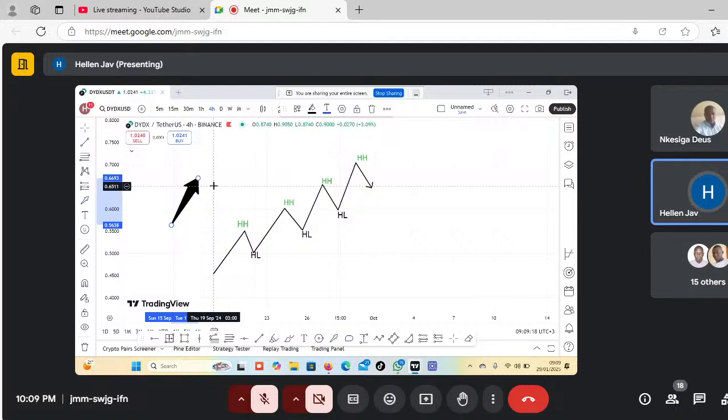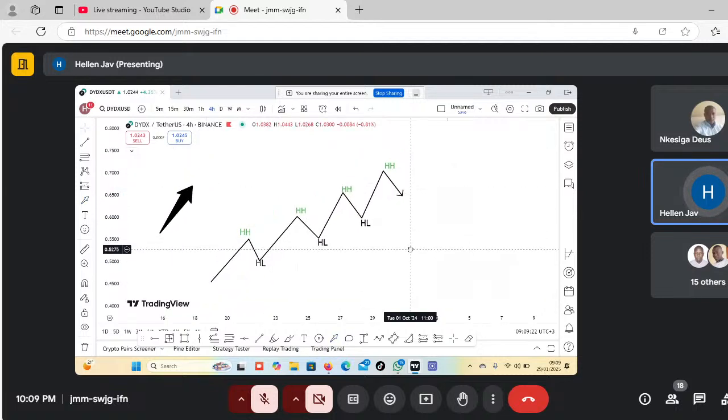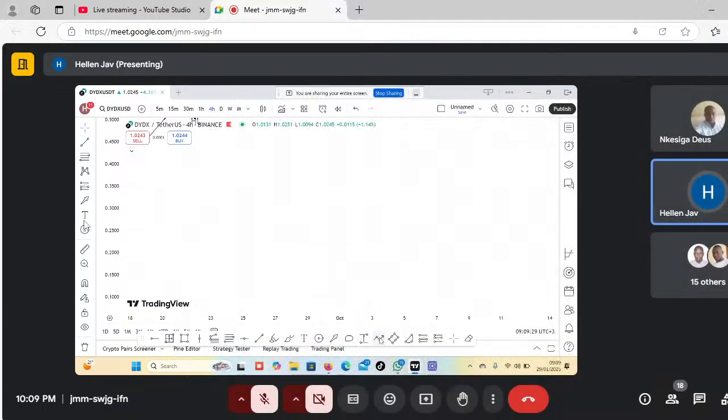We have what they call an impulsive move, and then what they call a pullback or a retracement. Let me first demonstrate from here. When a market comes and forms something like this, that is called an impulsive move. Then when it stops there and first puts back up to a certain point, that's called a pullback, or a retracement.